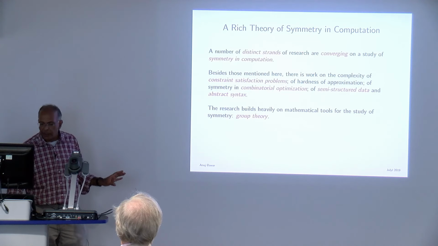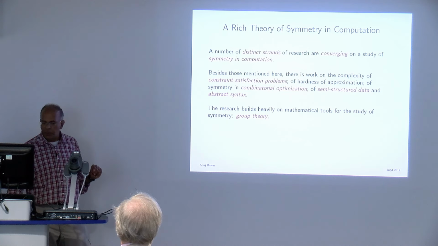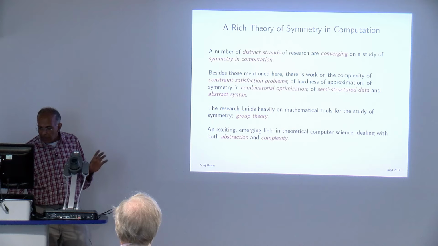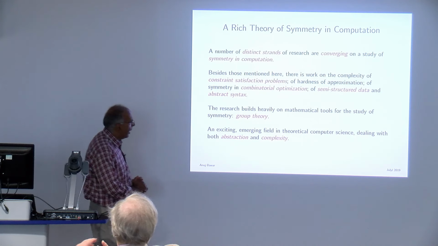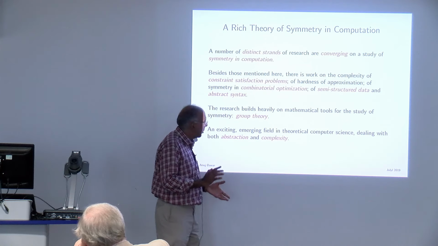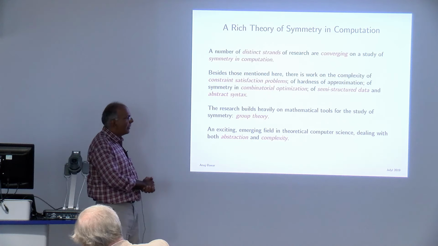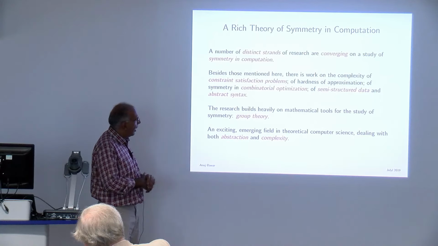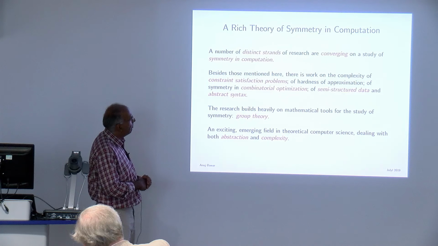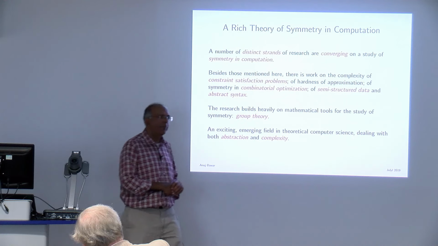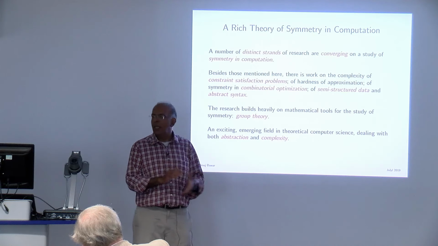They rely heavily on permutation group theory. But so this is my concluding slide. I just want to tell you that there's this exciting emerging field studying the limits of symmetry in computation, building on various different strands. And I'll end there.